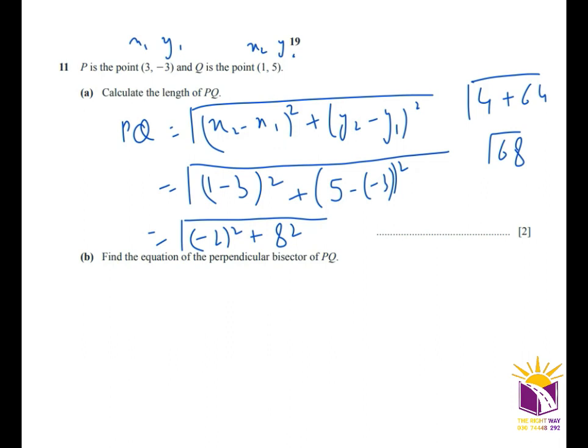So the length will be under root 68, and under root 68 will be equal to 2 under root 17, or you can write it as 8.25.